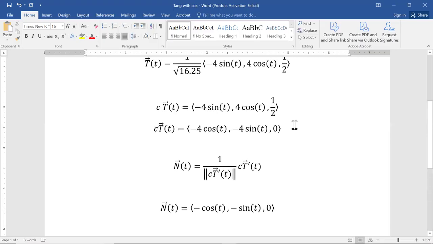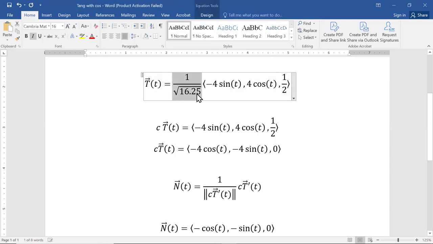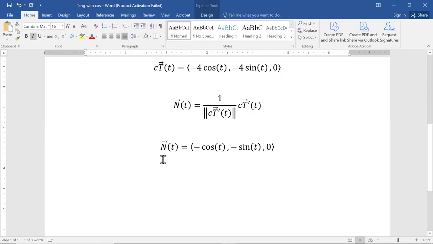Now you could have done that whole thing with this coefficient attached. Again, this is a real number coefficient, so the derivative property works fine because I'm multiplying by a real number. If you'd worked through it, you would have gotten the exact same unit normal vector.